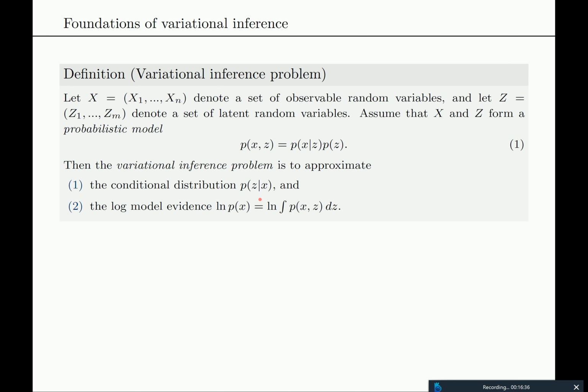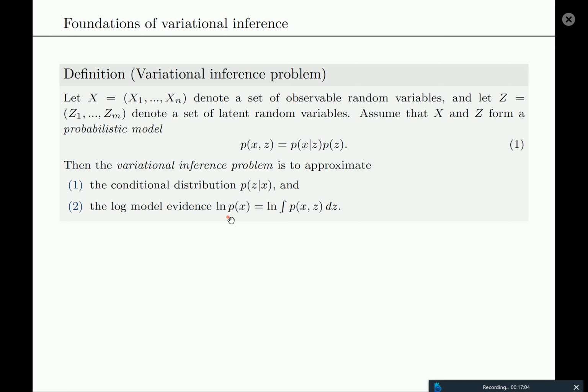The one thing that is maybe of interest here is that we will actually solve both problems. Why do we want to solve this? Of course, the posterior or the conditional distribution we can use to do parameter inferences. We can summarize this and get Bayesian estimators and so on. The log model evidence, as we've seen briefly when we talked about general Bayes, we can use as a model comparison criterion.